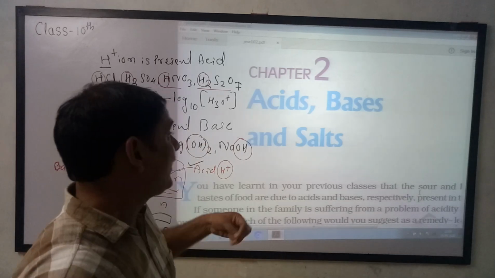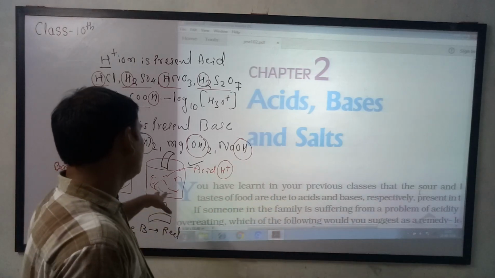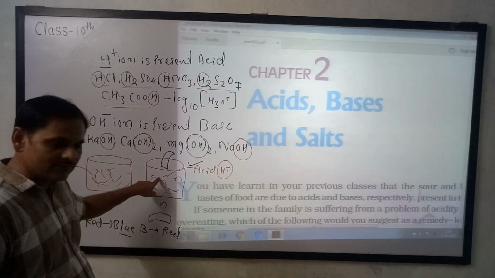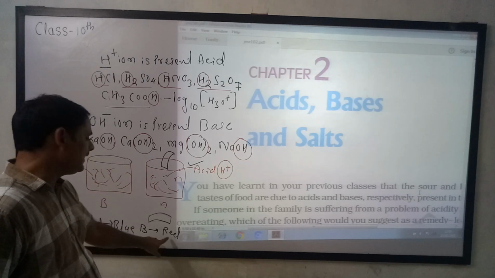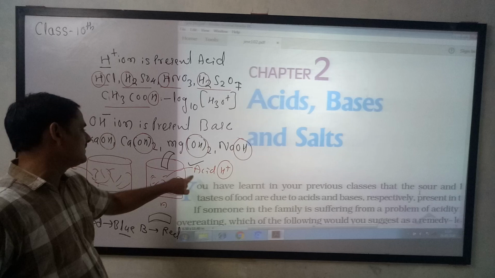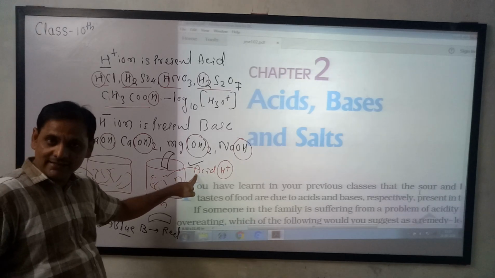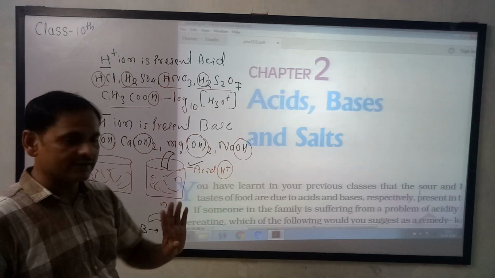Indicator means we can check whether a substance is acidic or basic, right? Suppose the color changes. Suppose we use a blue indicator and dip it in the solution, and the color changes from blue to red. So the solution is acidic, and H plus ion is present here, according to Arrhenius, right?